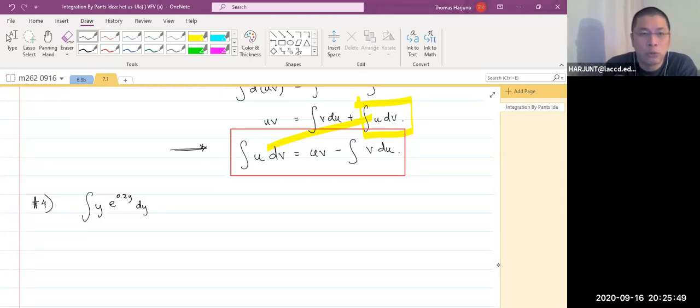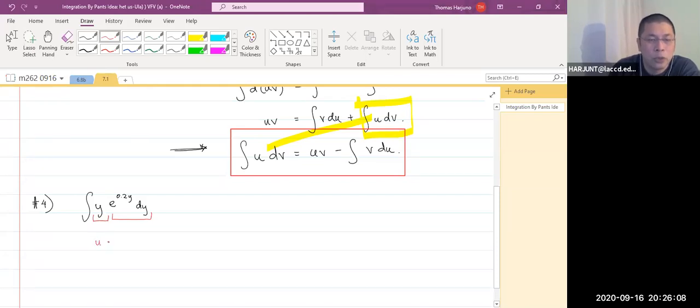Usually we choose our u to be the one that, when we differentiate, eventually goes down to 0. So in this case, I will choose this to be my u, and this will be my dphi. Okay, u equals y. My dphi equals e to the 0.2 y dy.